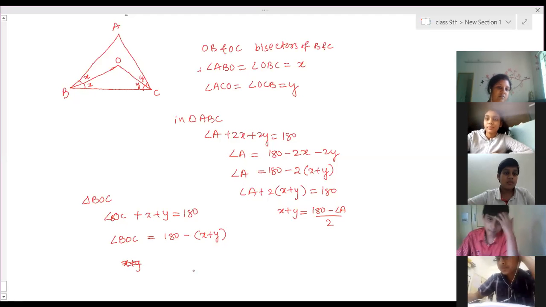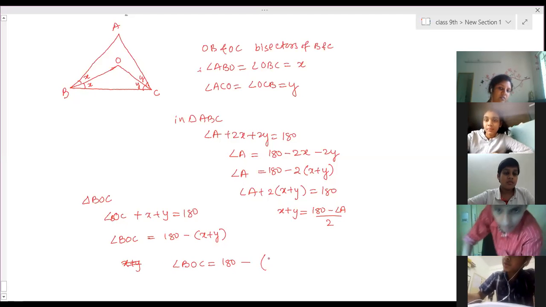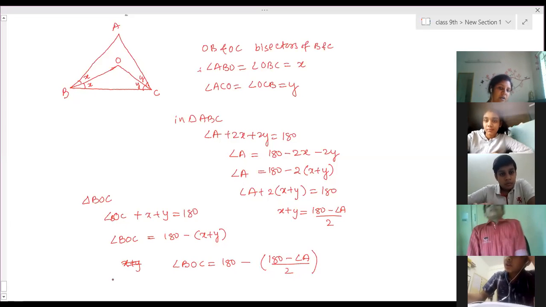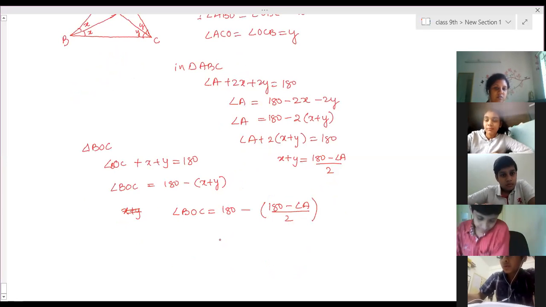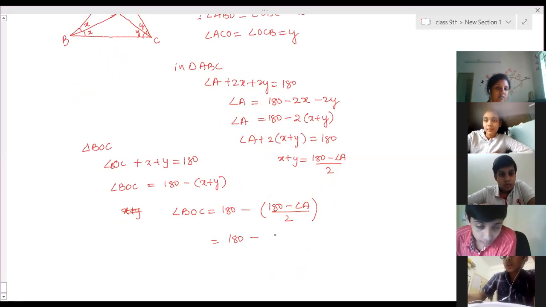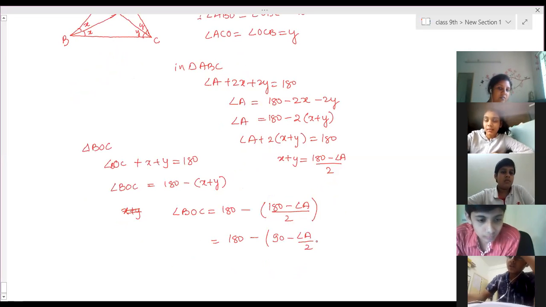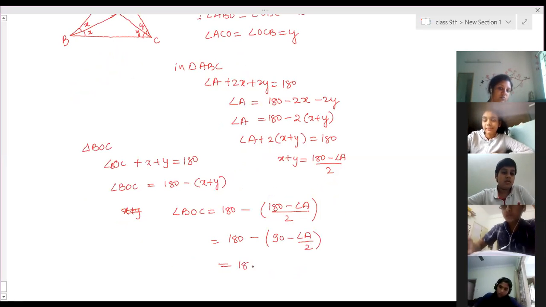Substitute here: angle BOC is equal to 180 minus (90 minus A by 2). So 180 minus 90 is 90, and angle BOC is 90 plus angle A by 2.